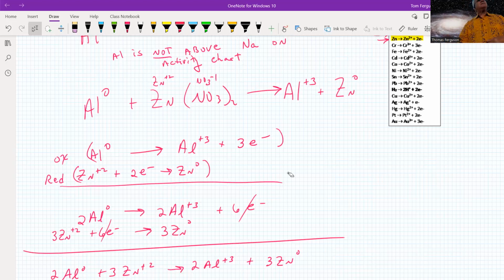The number of electrons on the right has to equal the electrons on the left. So what's our common denominator with 2 and 3? 6. How many 3s are in 6? Multiply the whole thing by 2. How many 2s are in 6?